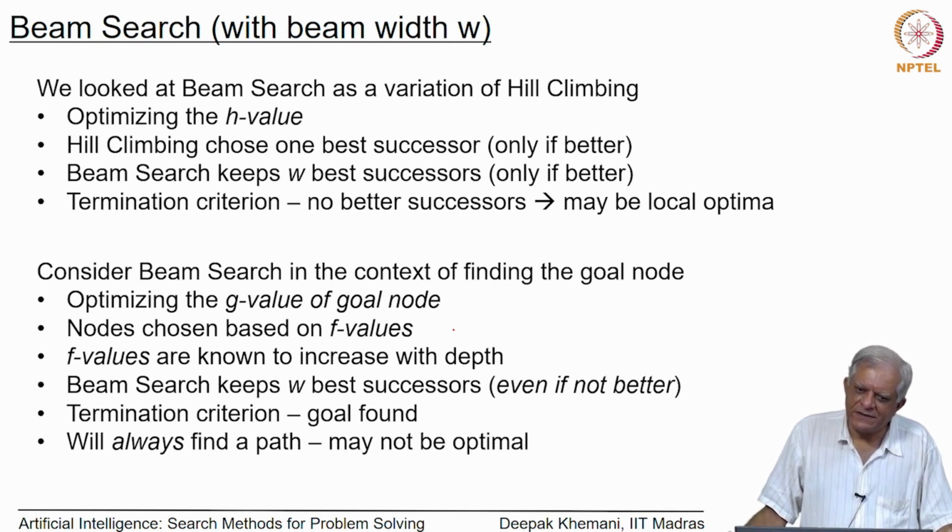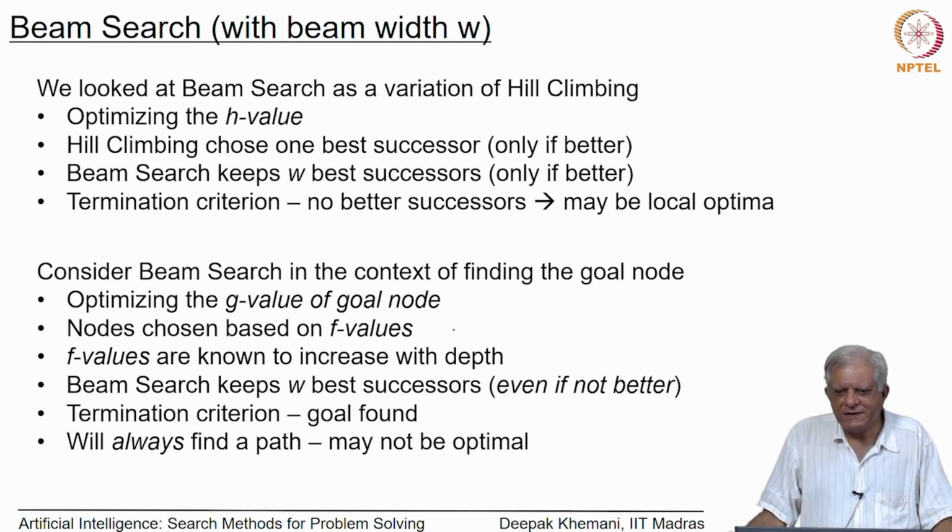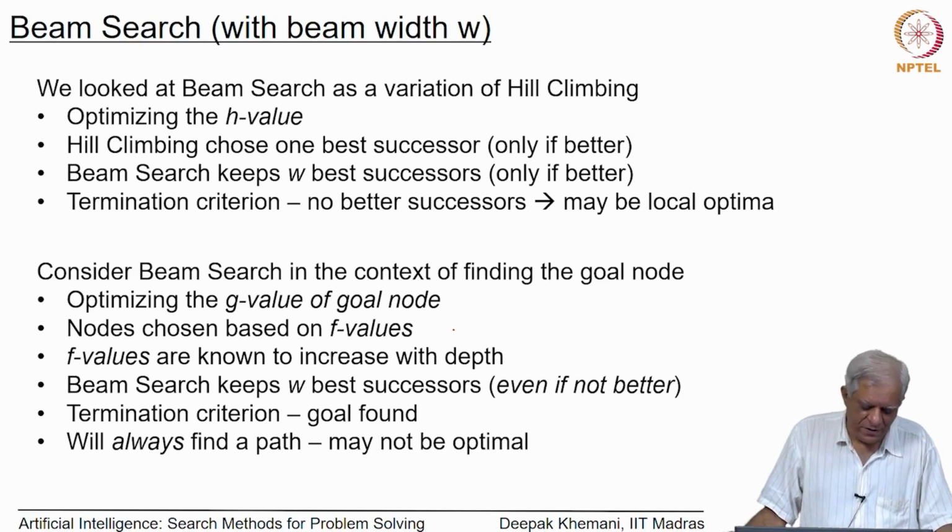And we had used the argument, if you remember, that every h cost is greater than some positive number epsilon, which means that if you go along paths which are not leading to the goal, the g value will keep increasing, and eventually they will become so high that some paths to the goal will be found. So, beam search which moves to successors which are in fact higher f value will still find a path to the goal, but it may not be the optimal path.